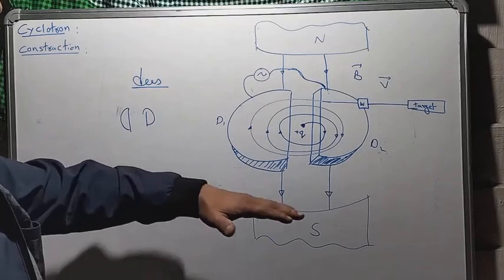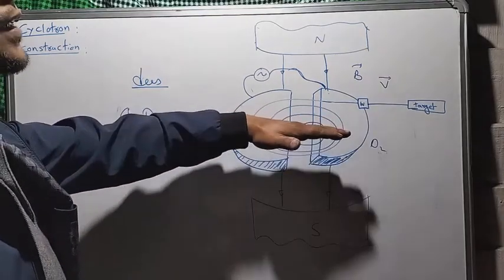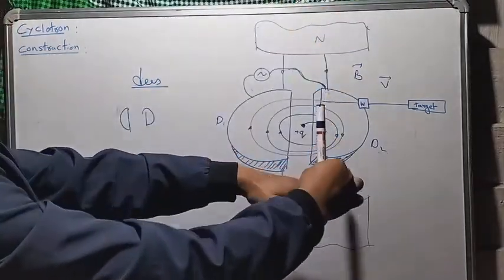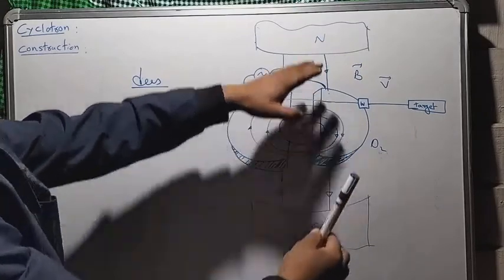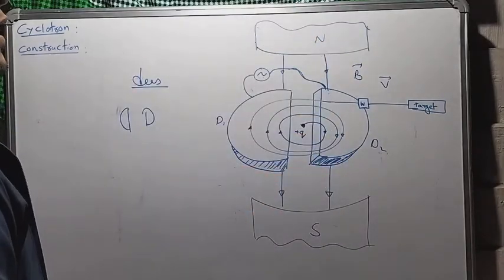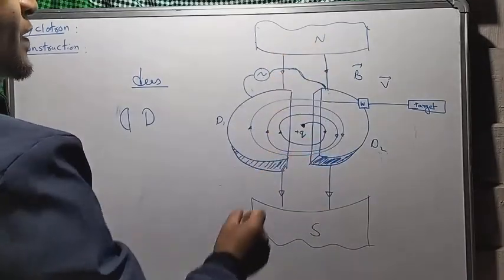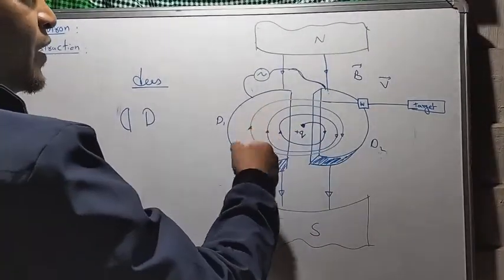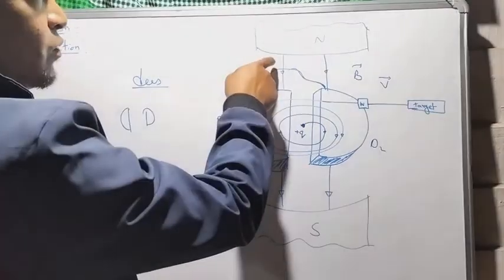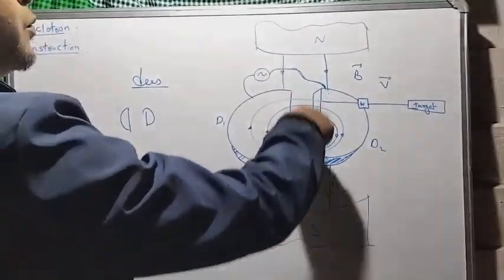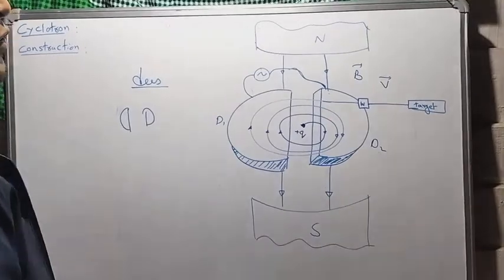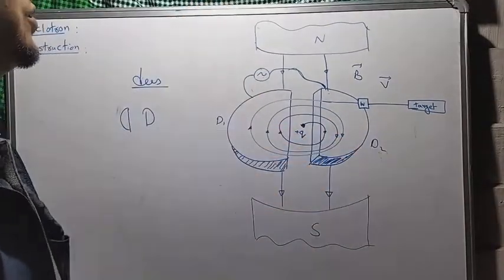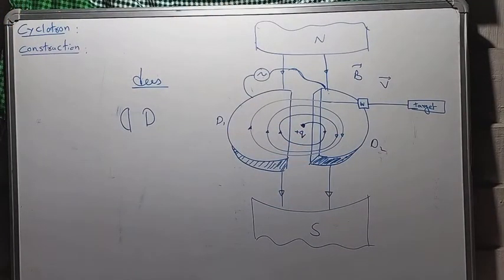That means these two Ds are placed perpendicular to the magnetic field, and this magnetic field is produced by two pole pieces, north pole and south pole. We know the magnetic field is generated from north pole to south pole in this way. So this magnetic field is perpendicular to the plane of the Ds.